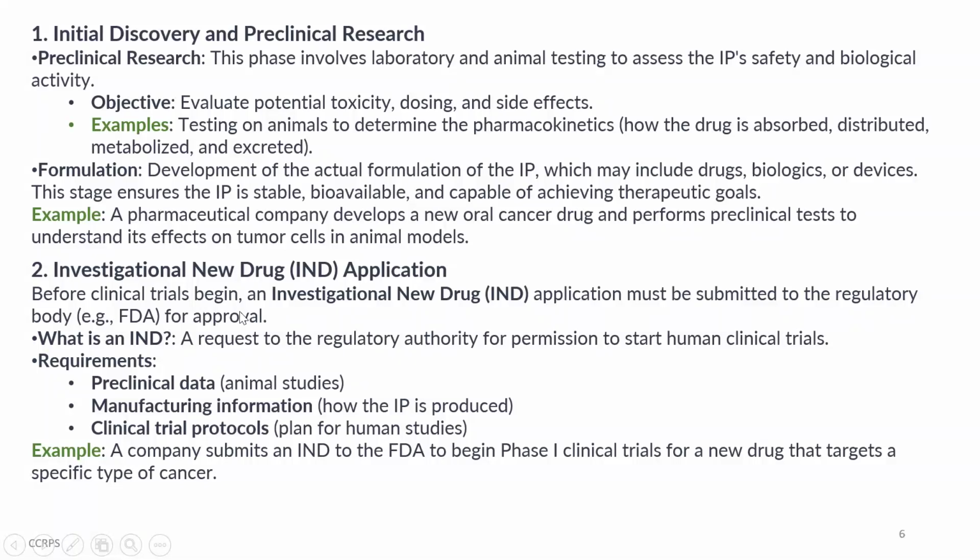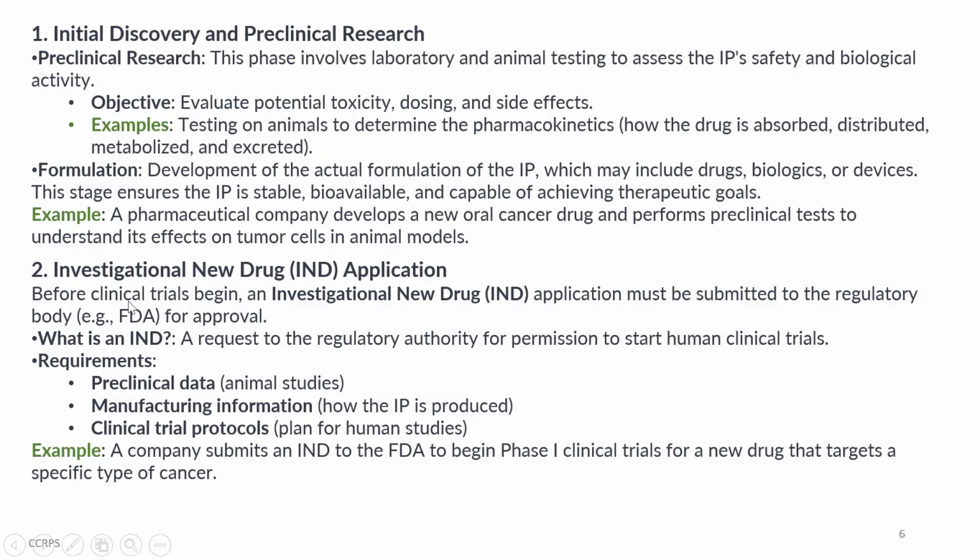Before clinical trials begin, an IND, investigational new drug application, must be submitted to the regulatory body, for example, the FDA in the USA, for approval. Of course, this applies in general to all regulatory bodies around the world, such as the EMA in the European Union, Health Canada in Canada, PMDA in Japan, or MHRA in the United Kingdom.